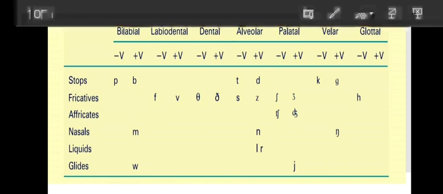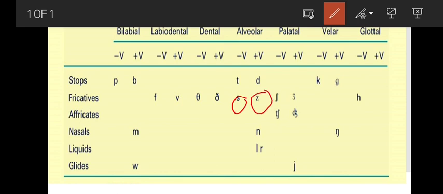So without wasting your minute, we are going to discuss voiced and voiceless. In order to understand voiced and voiceless, take the example of the sound s, which is voiceless, and the example of z.